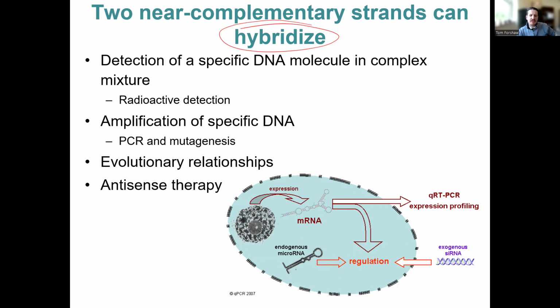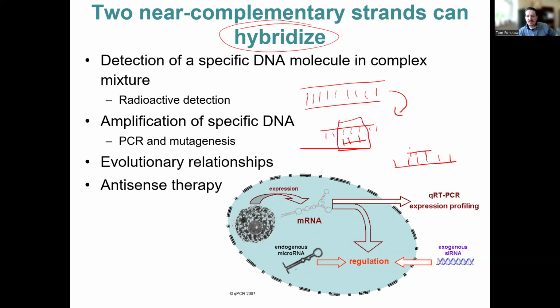So what we could do, for instance, is that if we have a strand of DNA, double-stranded DNA, we can melt it into the 2 single strands, and then we can incubate our own single strand, which will be complementary to a certain region. When it is complementary to a certain region, we can use that to selectively bind to one part of the DNA.